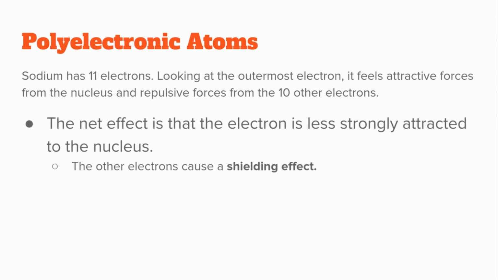So this is, again, what we call the shielding effect, when those other electrons repel the electrons at the outside. And so the outermost electrons in any atom will always feel less strongly attracted to the nucleus.